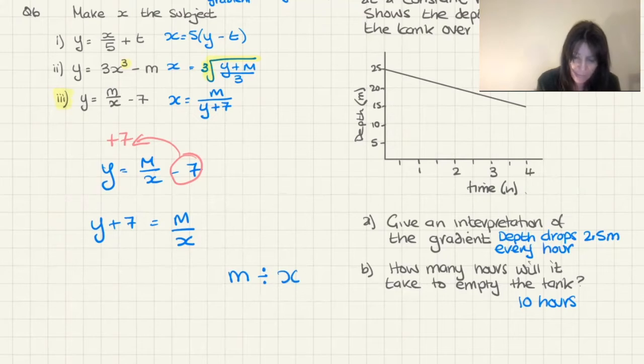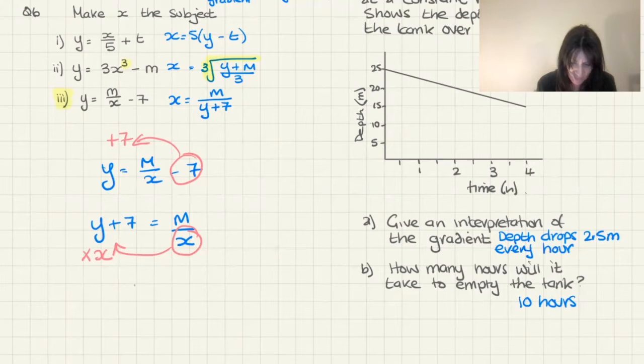So I'm forced to grab the x because it's the only thing with an operation attached to it. So I pick up the divide by x, and when it lands over here, it's going to land as times by x. So what I've now got is y plus 7, and I want all of that to be multiplied by the x.